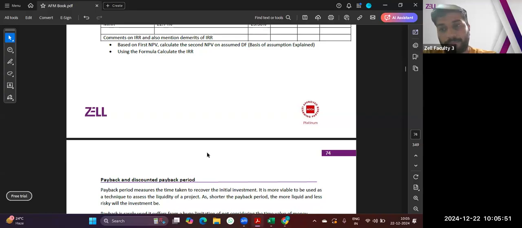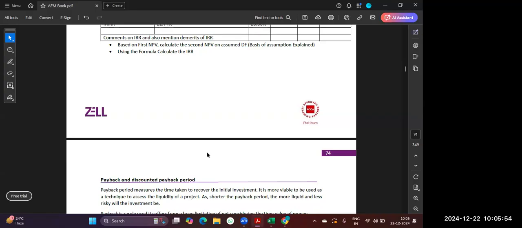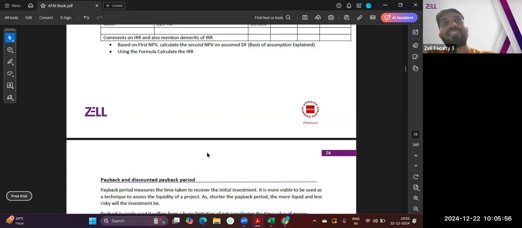Then the second part is, if you go by IRR or MIRR, why you are going with it. The answer is the advantages and disadvantages. Clear? Any questions, guys?